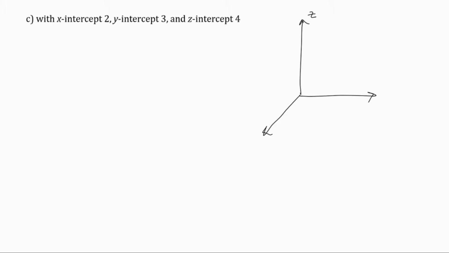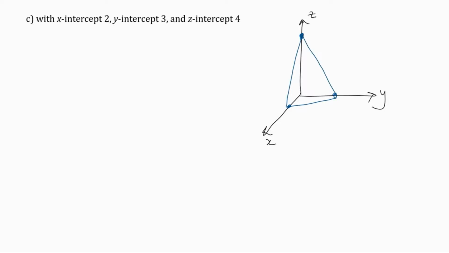So there's Z, X, and Y. And the X-intercept is 2. The Y-intercept is 3. The Z-intercept is 4. And so that defines the plane.